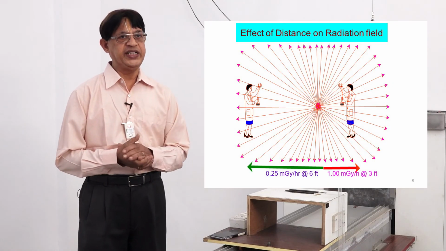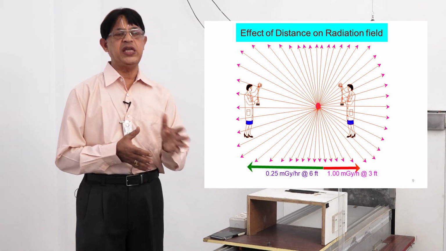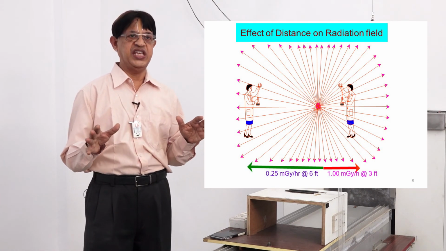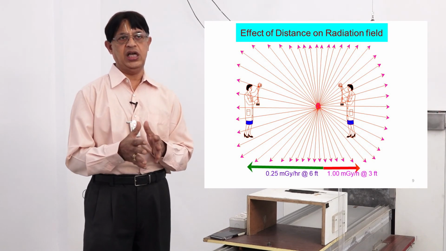In this experiment, I am going to carry out measurements at staggered distances, 1 meter, 2 meter, etc. These values will be tabulated and we will try to ascertain that as we move away, how the radiation field values are changing, rather decreasing, and what pattern the inverse square law, as we are saying, follows will be seen during the course of the experiment.